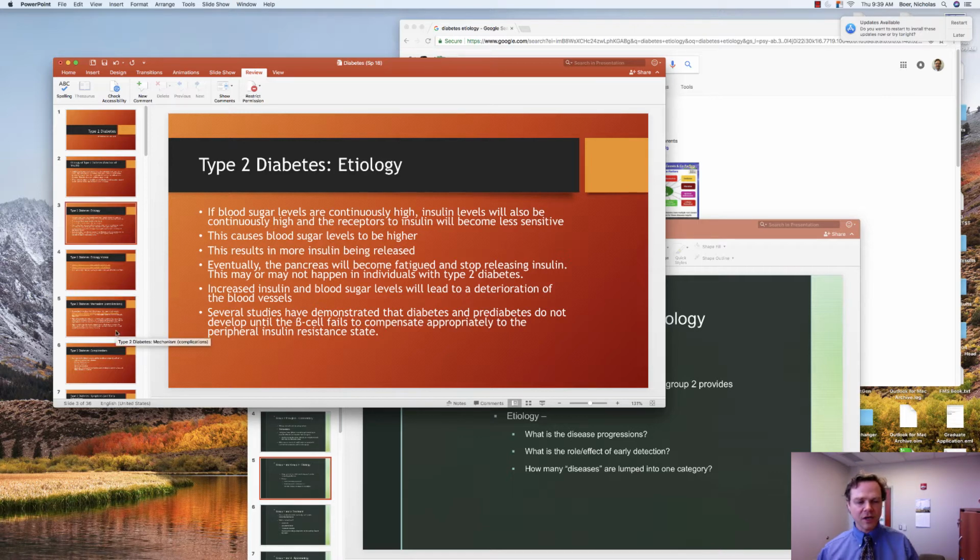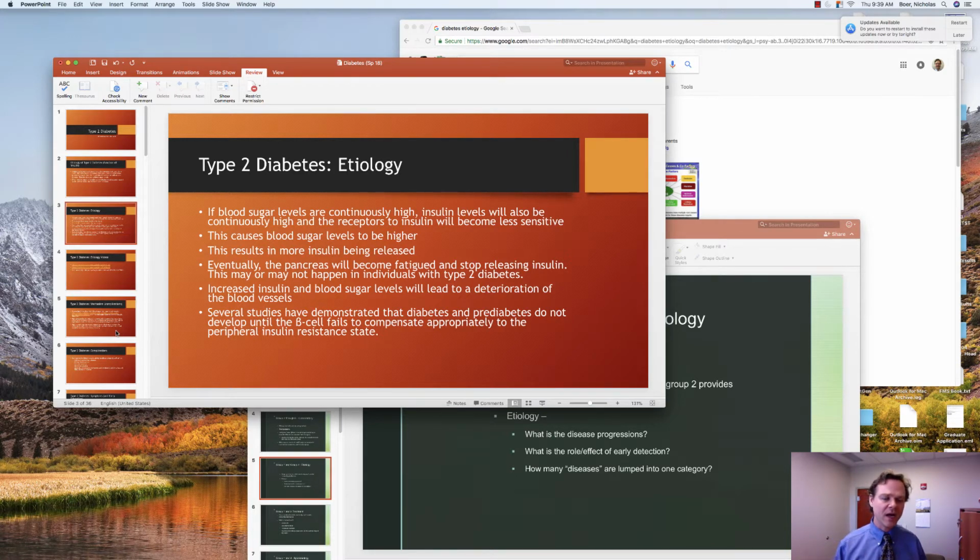So make sure that you're thinking about your disease topic and really what's the endpoint that is the most worrisome. And when you describe the etiology, get to that endpoint. So don't just talk about what is initially happening. Keep going through that logical progression to say, okay, well, this is why this is bad.